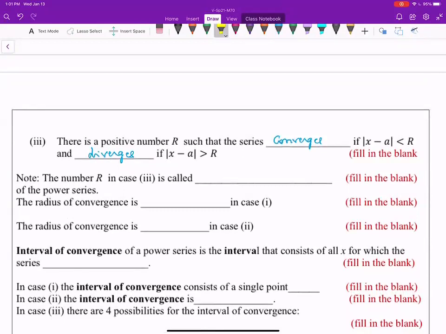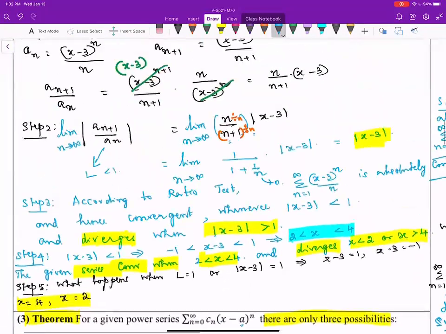The number r in case 3 is called the radius of convergence of the power series. The radius of convergence is r equal to 0 in case 1, because it converges only at x equal to 0.